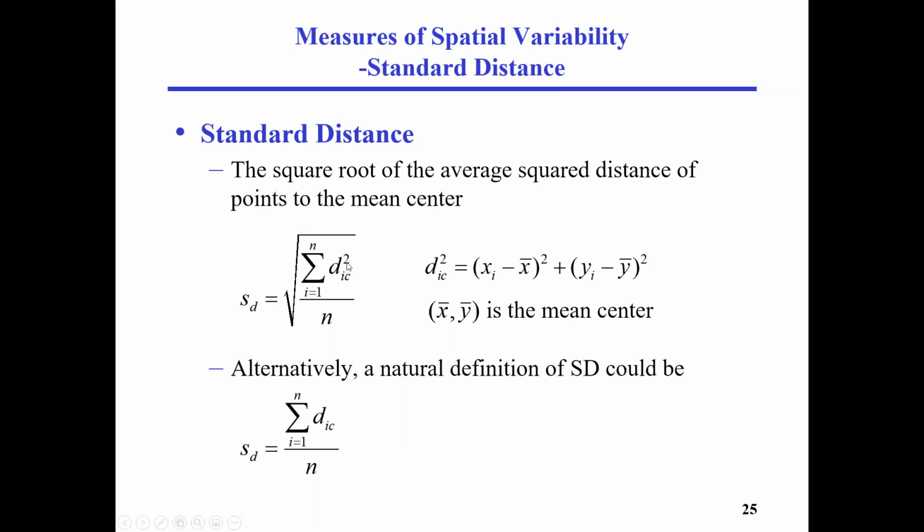Some people use this simplified formula to define SD, but the idea here is the same. It's something standardized or normalized because there is a denominator, and you simply use the number of observations to carry out the normalization or standardization.